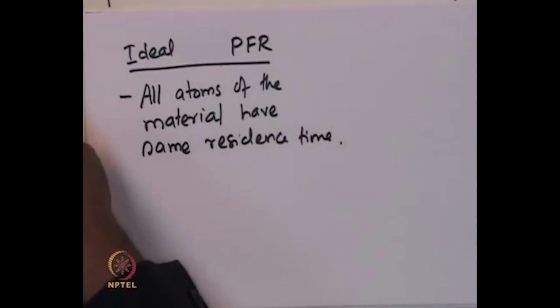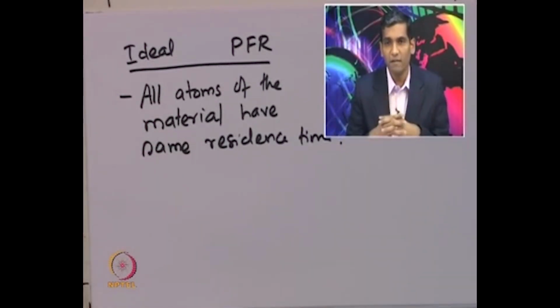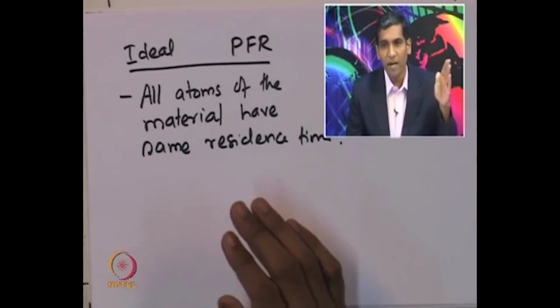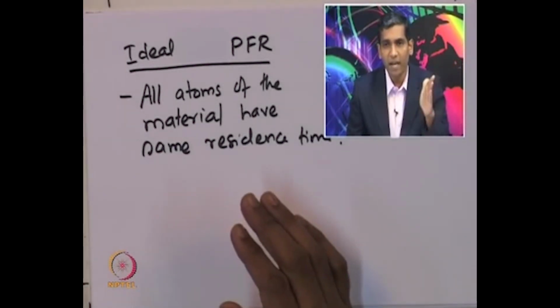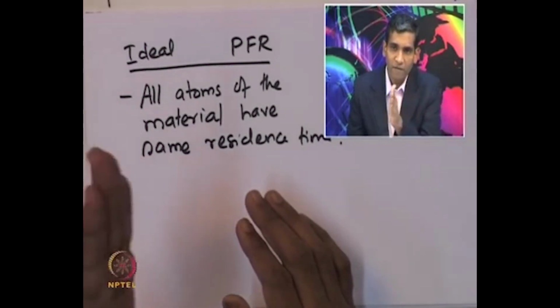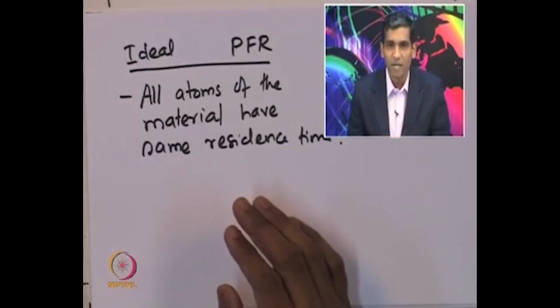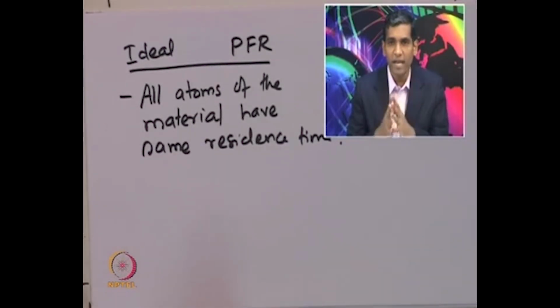So, suppose there is a fluid which is actually flowing through a plug flow reactor, then all fluid particles that are actually entering the ideal plug flow reactor spend exactly the same amount of time inside the reactor before they leave the plug flow reactor. So, that is an important characteristic of an ideal plug flow reactor.